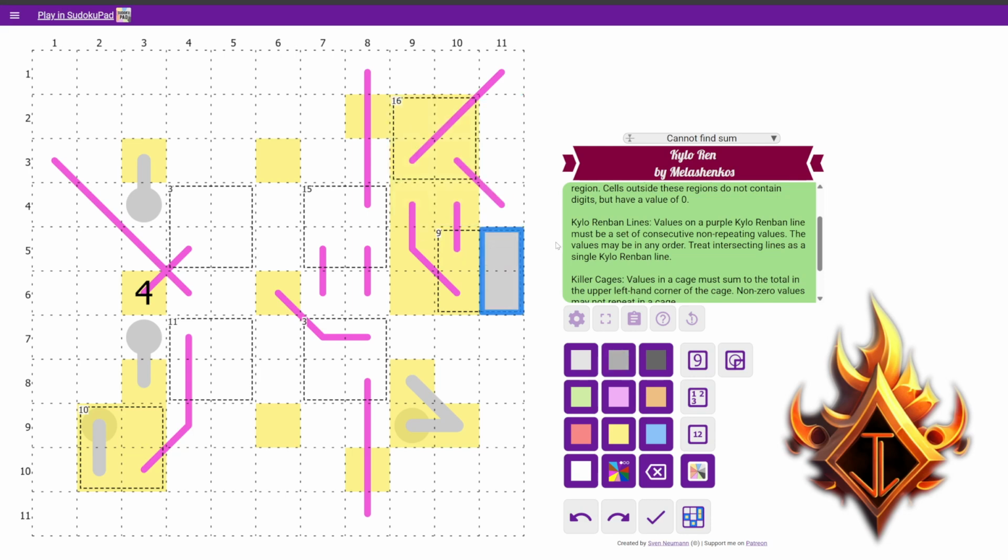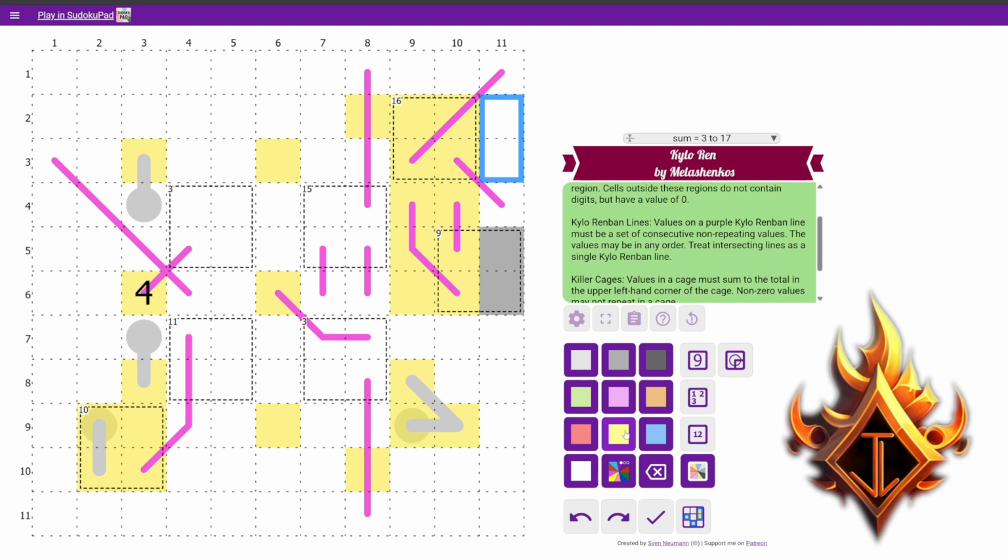So those are both not in a box. Doesn't that mean that both of these are yellow?